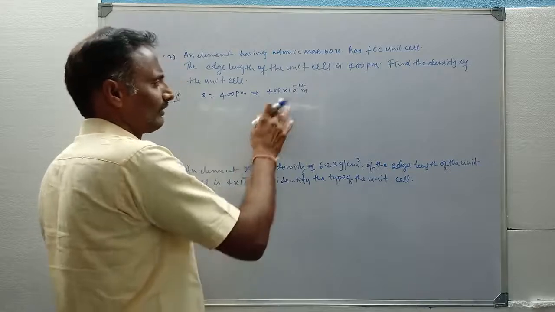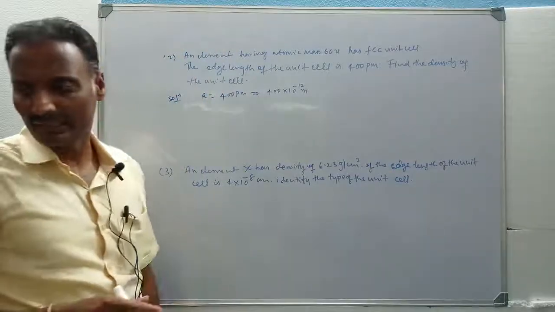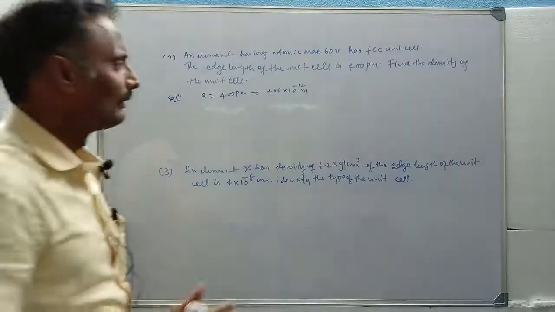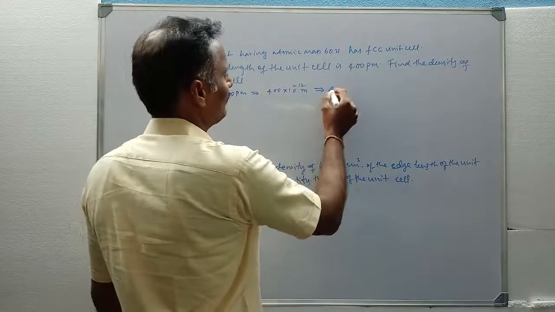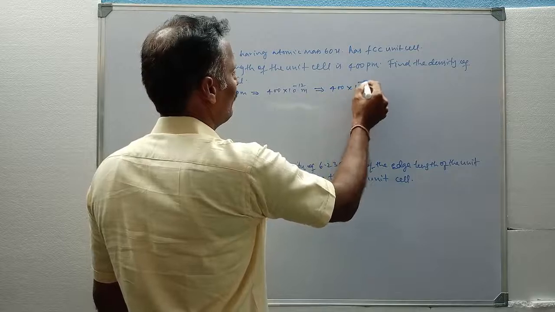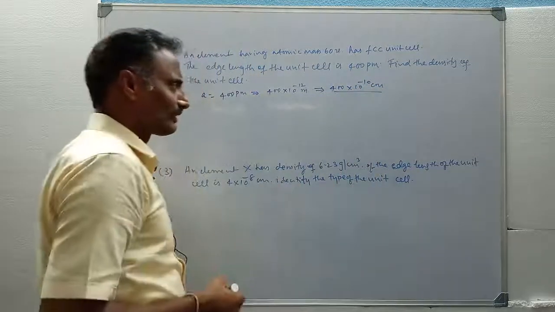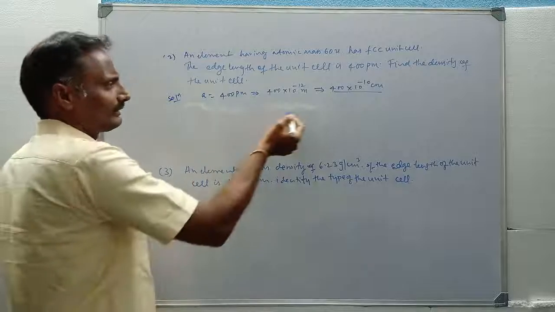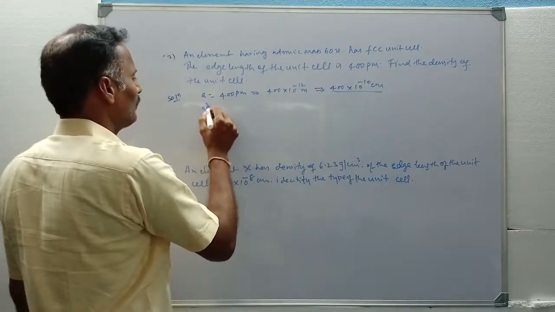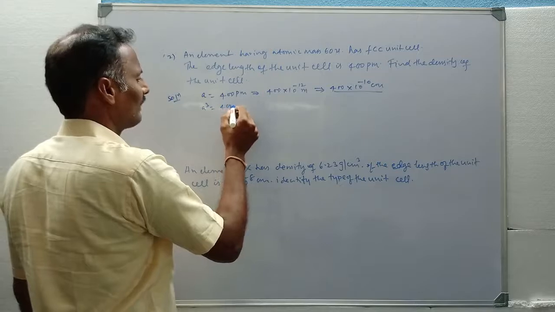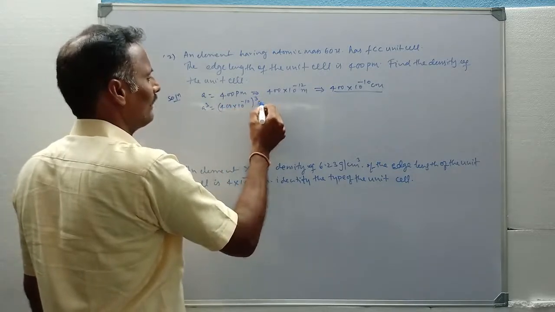Density can be calculated both in kg per meter cube or in gram per cm cube, whichever. Then this is also converted into centimeters, 400 into 10 to the power of minus 10 centimeters. This is the edge length in centimeters. After knowing the edge length in centimeters, the volume of unit cell, a cube, equals 400 into 10 to the power of minus 10, whole cube, in centimeter cube.